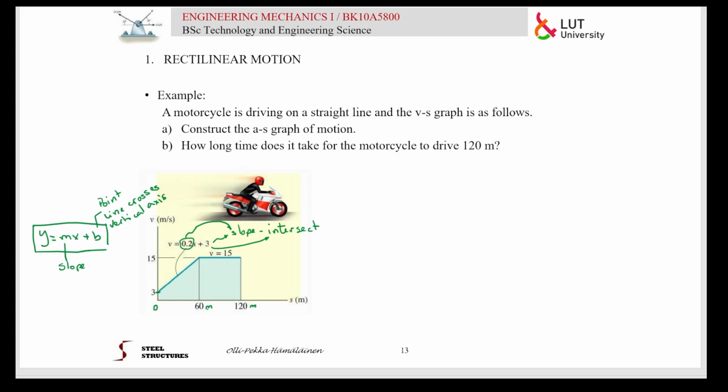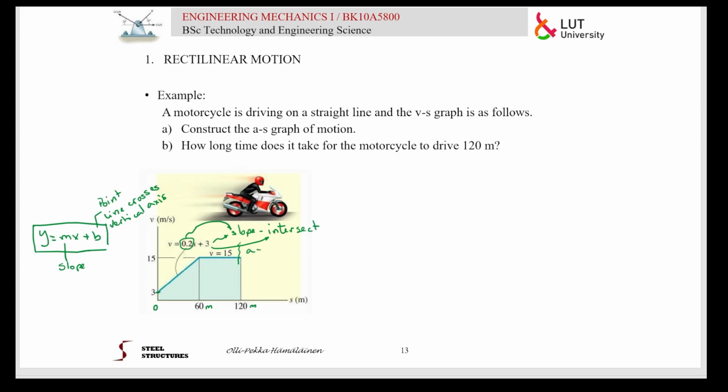So yes, from 0 to 60 meters, the velocity is increasing, but from 60 meters to 120 meters, the velocity stays the same. And if the velocity magnitude stays the same, we might infer what's going to happen with certain other physical quantities, such as acceleration.